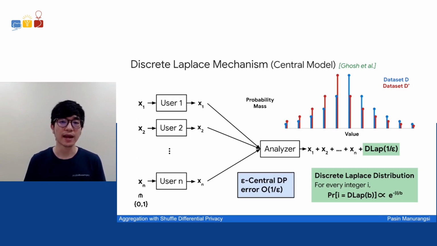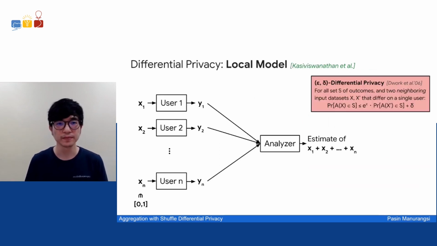But in the case where you may not trust the analyzer, maybe the analyzer is some company or some government agency that you don't want to reveal your input to, then this might not be preferred. And you might also want to somehow protect your input xi from the analyzer as well. And this takes us to the next model called the local model.